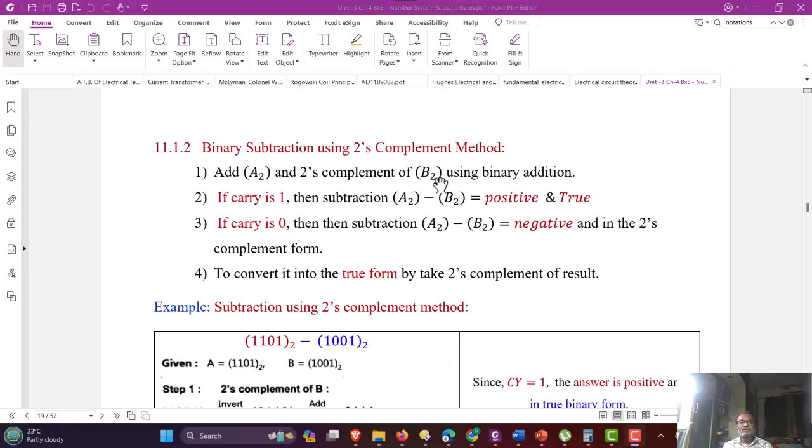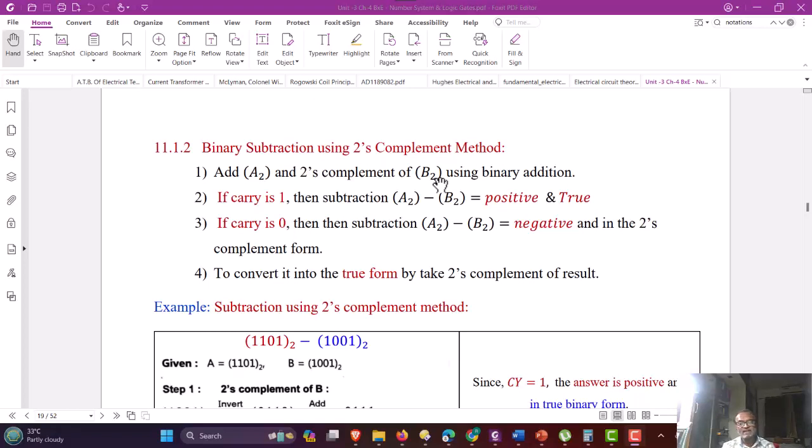If we want to subtract number B from A, then what we do? We will take the 2's complement of B, that is the second number, and add this 2's complement to the first number, that is A.